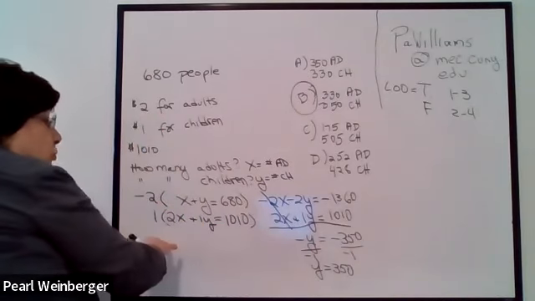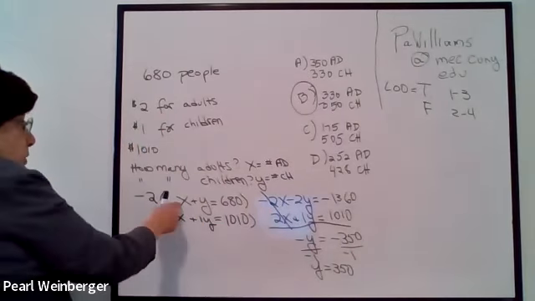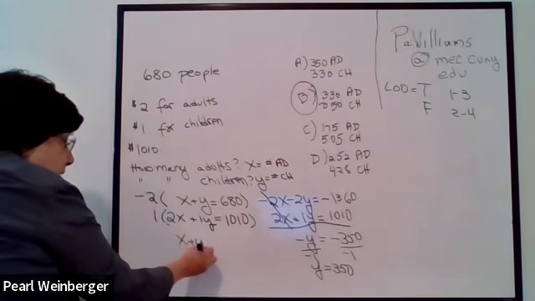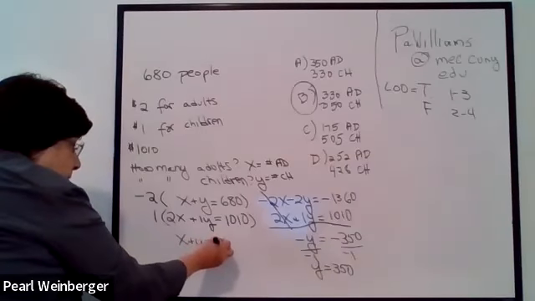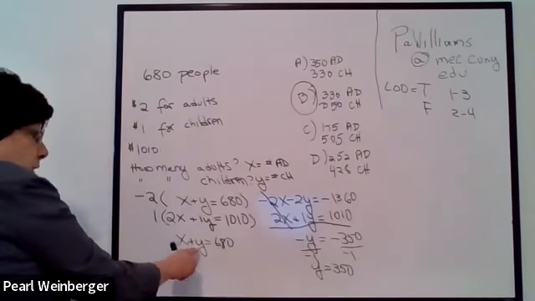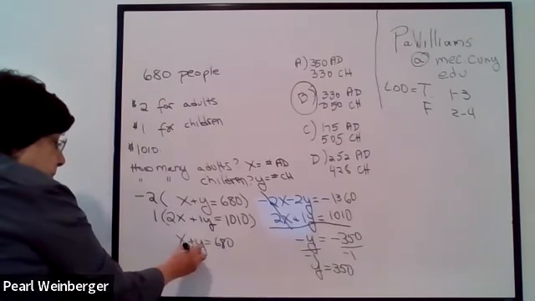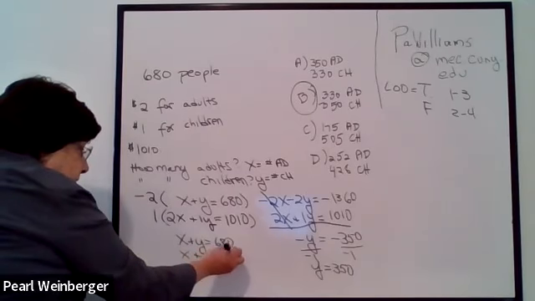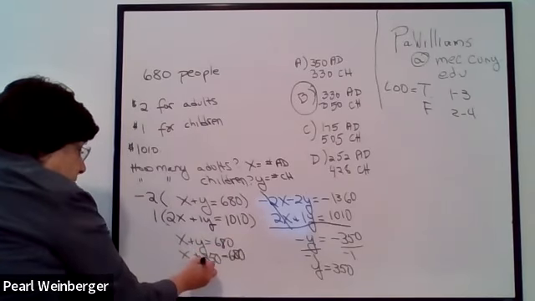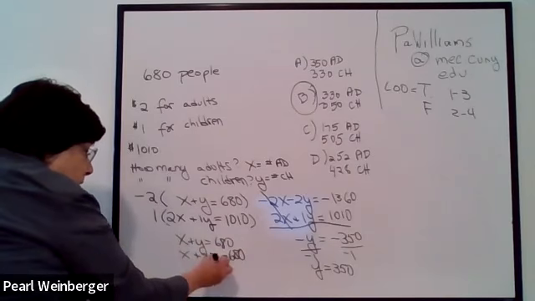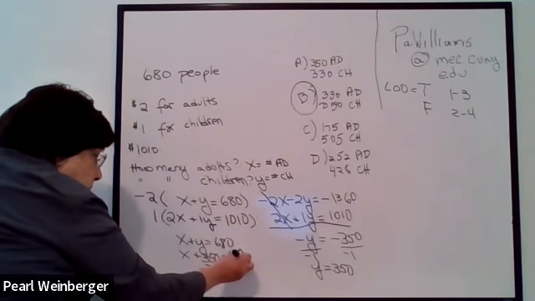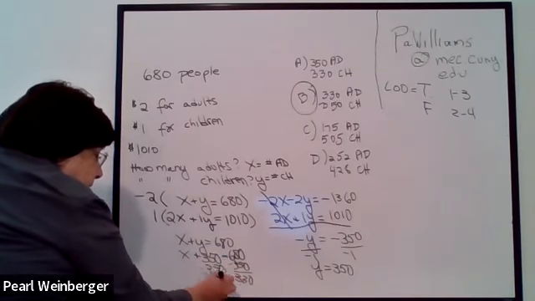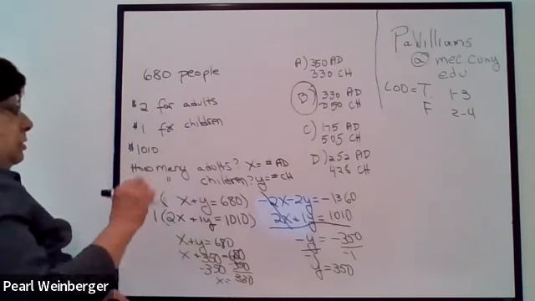If we had wanted to do this as an open-ended question, we could have gone back to this equation. x plus y equals 680. And since we now know that the y is 350, we're going to get x plus 350 equals 680. And when I subtract the 350, I'm getting 330 as the x, which is the adult.